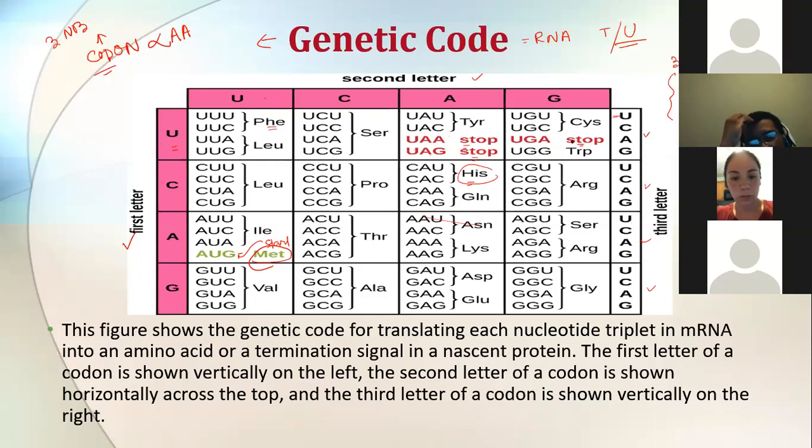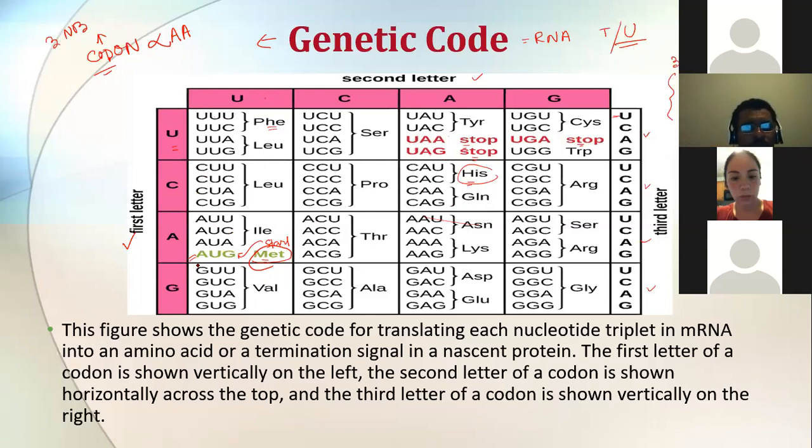And we have 3 stop codons. We have one start codon, that is AUG, but that start codon actually represents one amino acid, and that is methionine or MET. Okay, so these are 4 very important codons that you have to memorize.